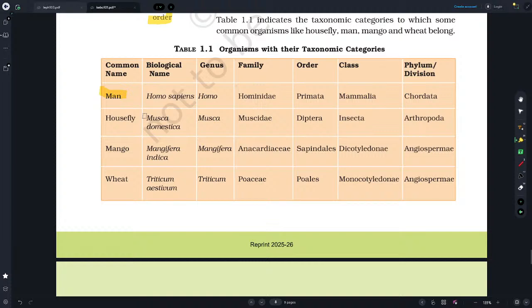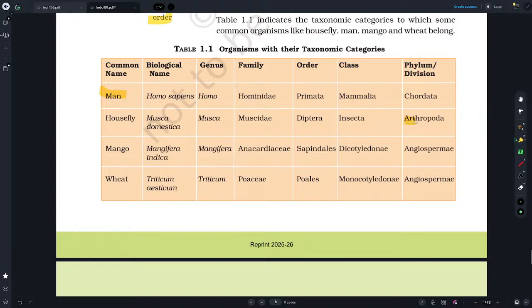And housefly, genus Musca, family Muscidae, order is Diptera, meaning two wings. Class comes under the Insecta, and phylum Arthropoda, meaning jointed appendages.